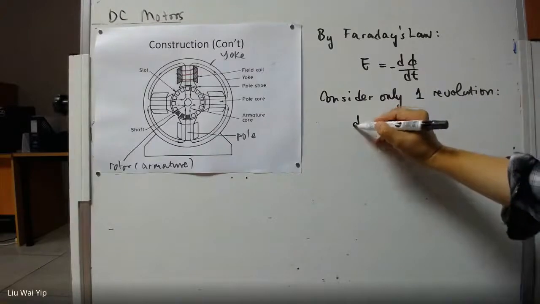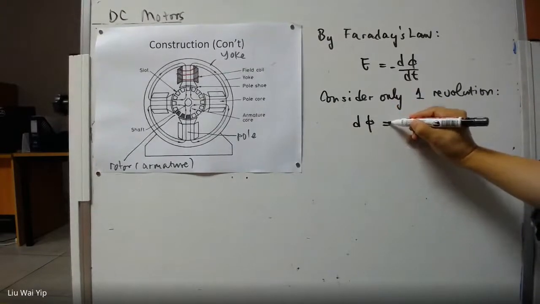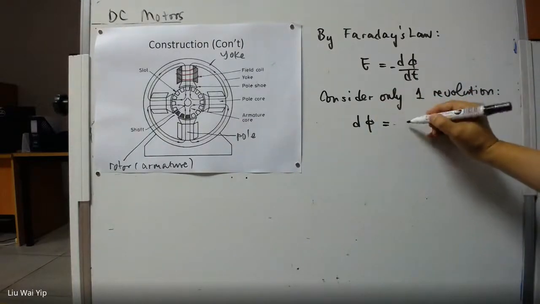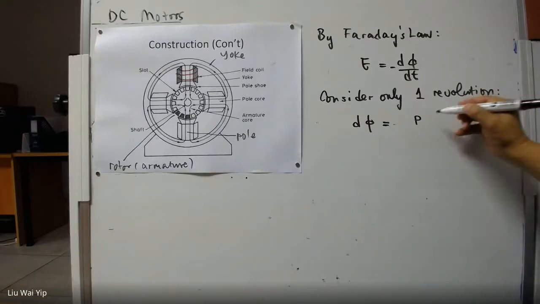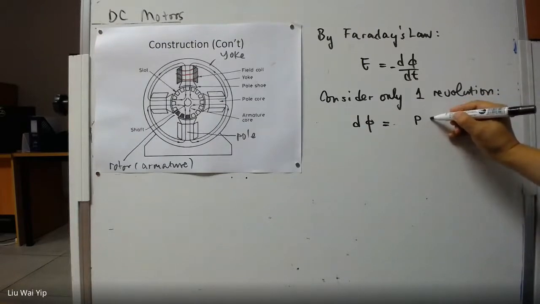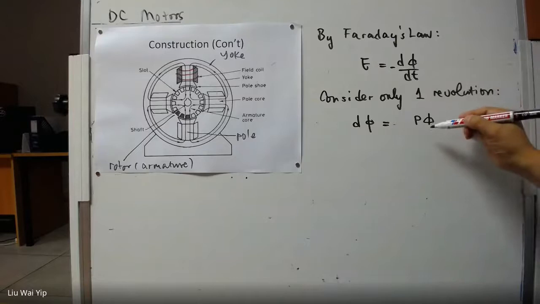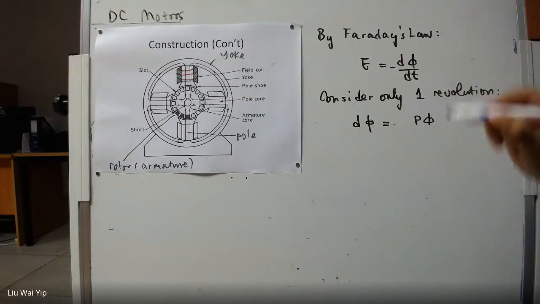The d flux is going to be equal to the number of poles, say the number of poles is P, times phi, the magnetic flux per pole. And this is just for one single conductor.